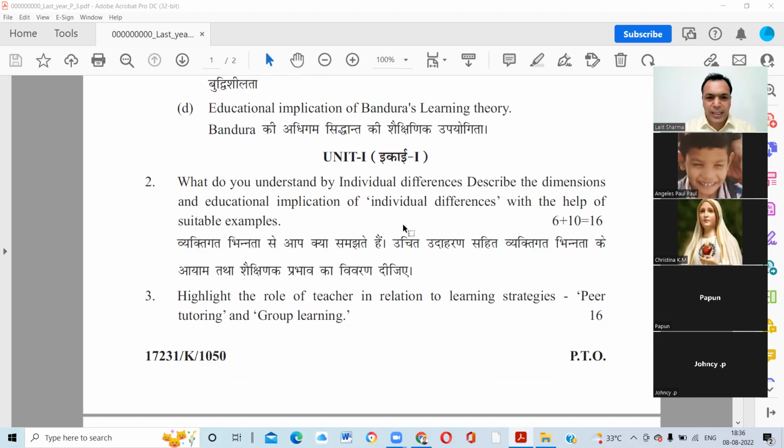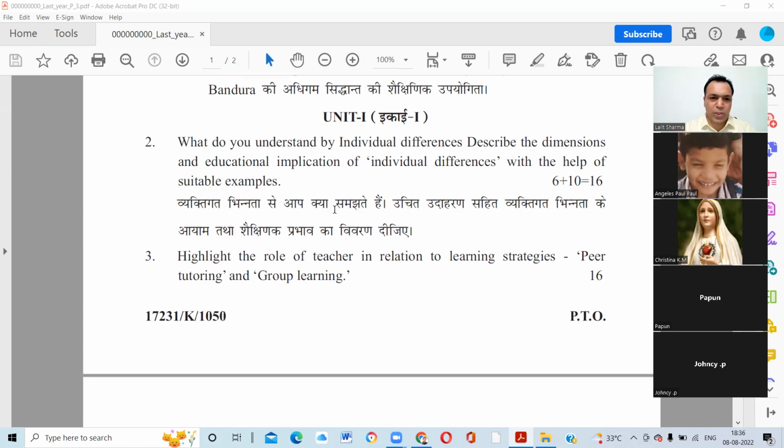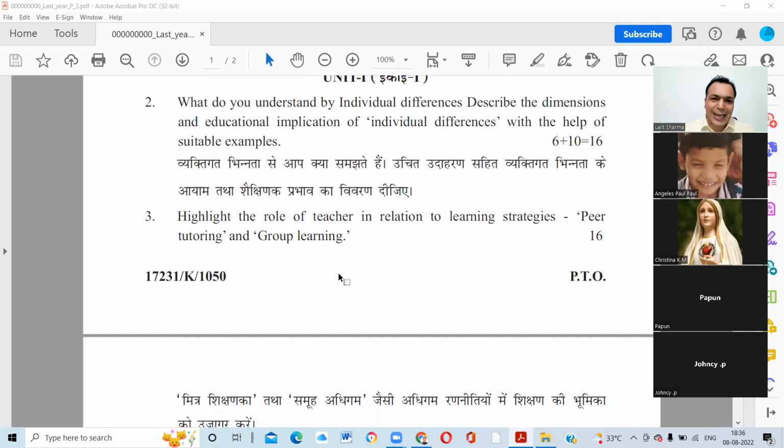And in unit 1, you just see that a question has come on individual difference, right? You have to tell the individual difference, right, guys? Dimensions of individual difference and then educational implications, right? So again, it's an easy one. Okay, you know that. And the third question is: highlight the role of teacher in relation to the learning strategies.